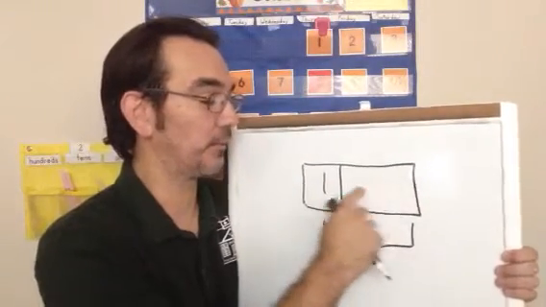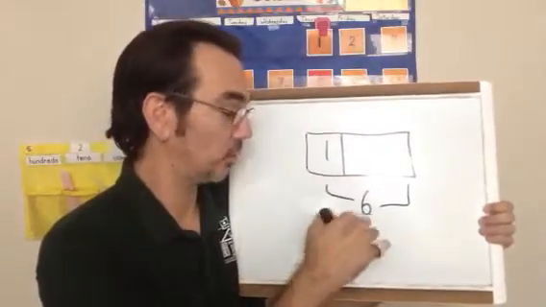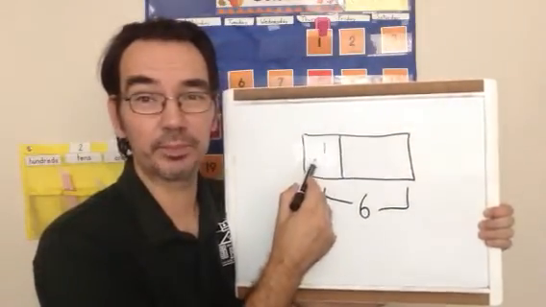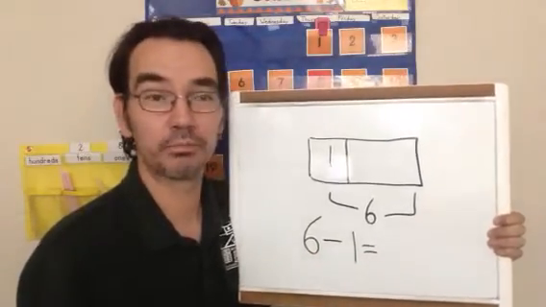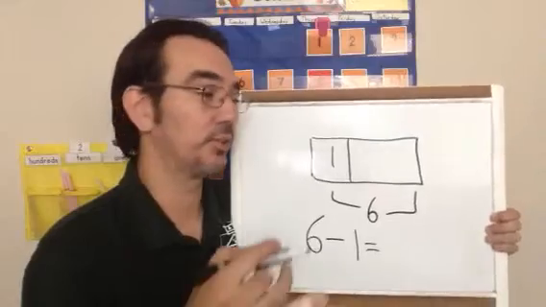So we have to find out what the rest of that is. So we take our whole here, and we take away one of these parts or pieces. 6 minus 1. Now to solve that, you can use your number line, you can use your dots, you can use your cubes.